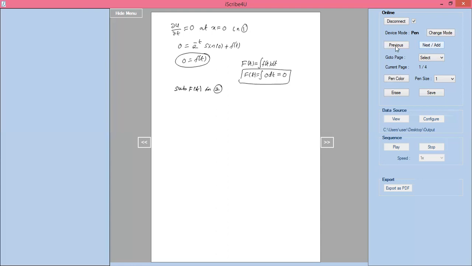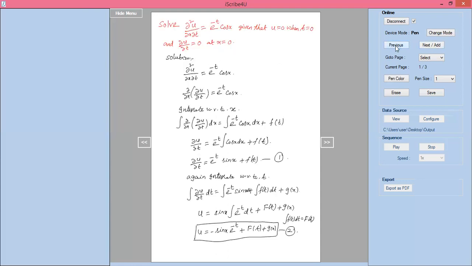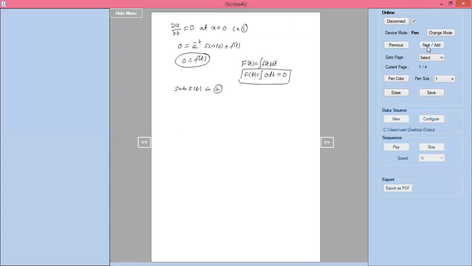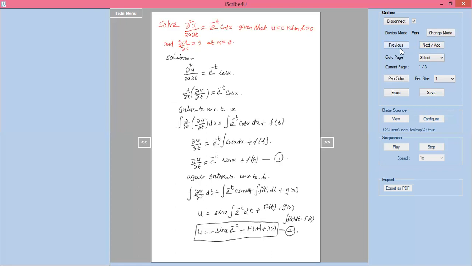We get u(x, t) = -sin x e^(-t) + F(t), which is 0, plus g(x).